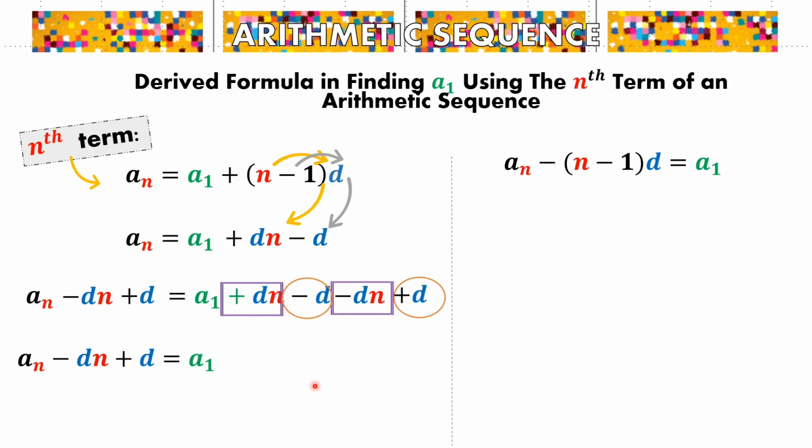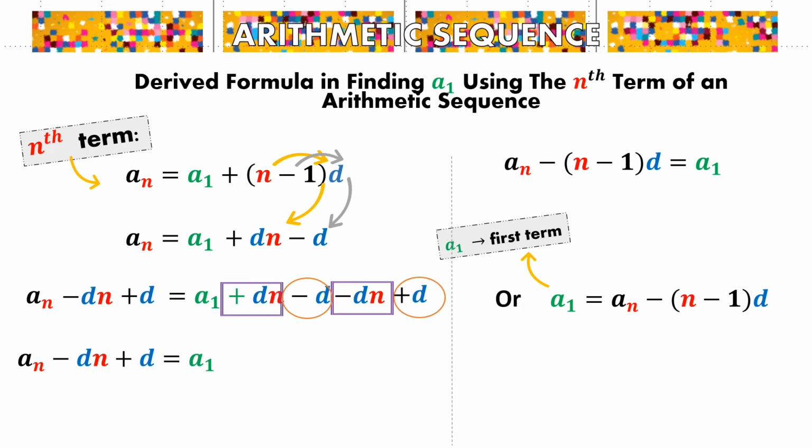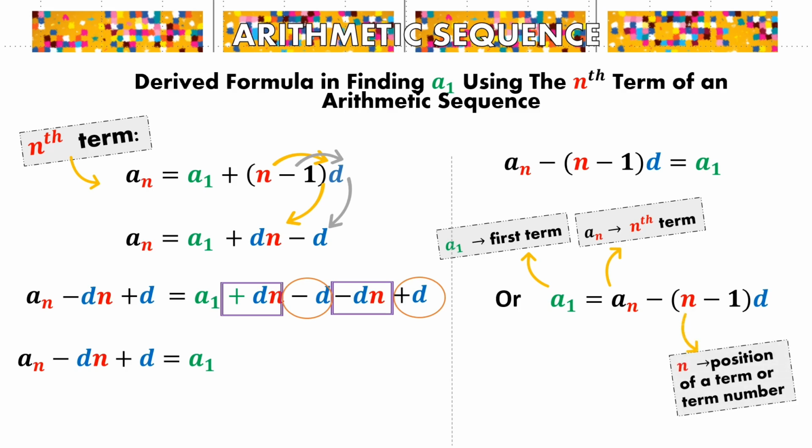We've got a sub n minus quantity n minus 1 times d equals a sub 1, or by symmetric property, a sub 1 equals a sub n minus quantity n minus 1 times d, where a sub 1 is the first term, a sub n is the nth term, n is the position of the term, and d is the common difference.